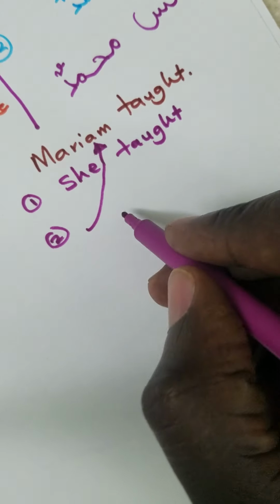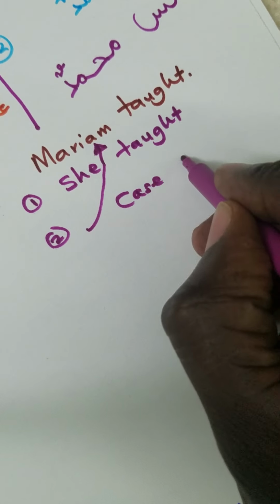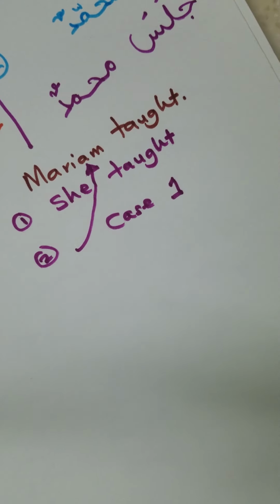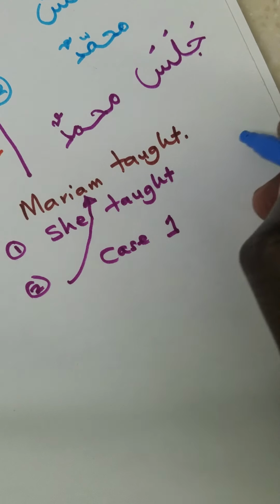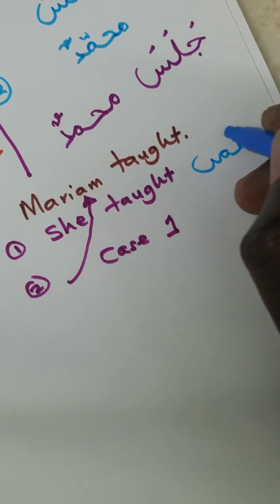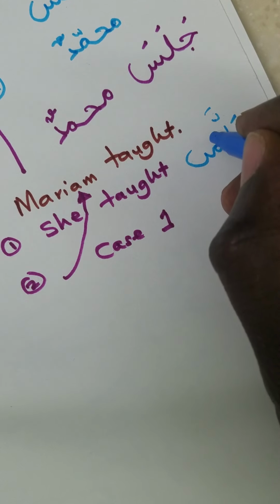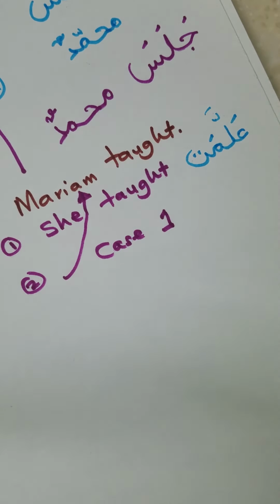Maryam, but in case one. Therefore, you come to ask, what is she taught? She taught is going to be Allamat. Then Maryam in case one is going to be Maryam.